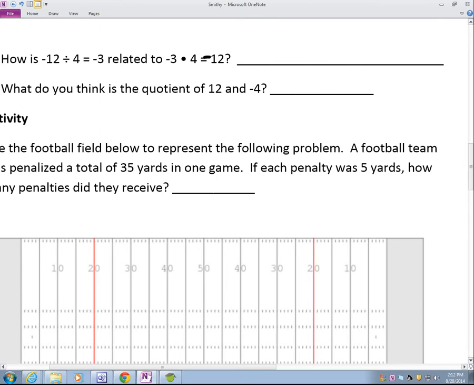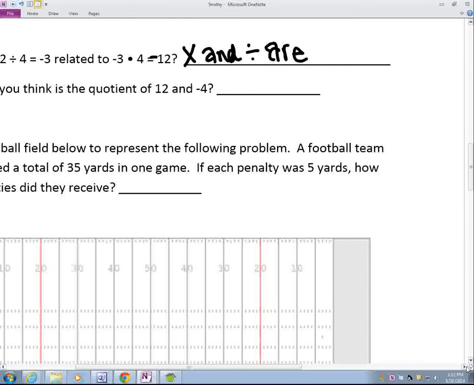So how about this? Multiplication and division are inverse operations. Does anybody remember that?